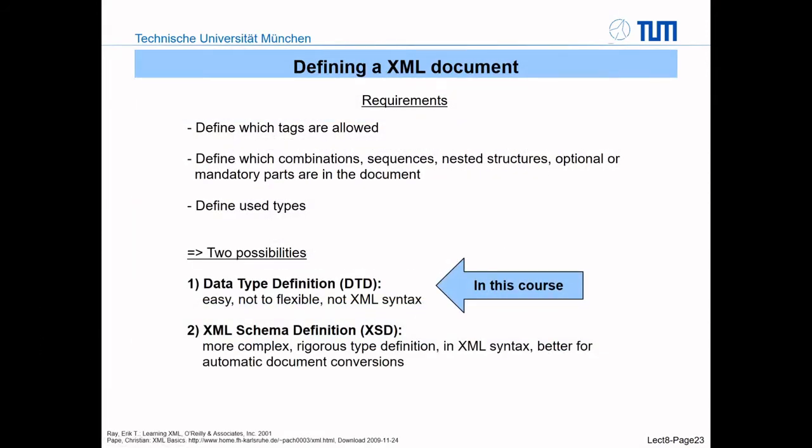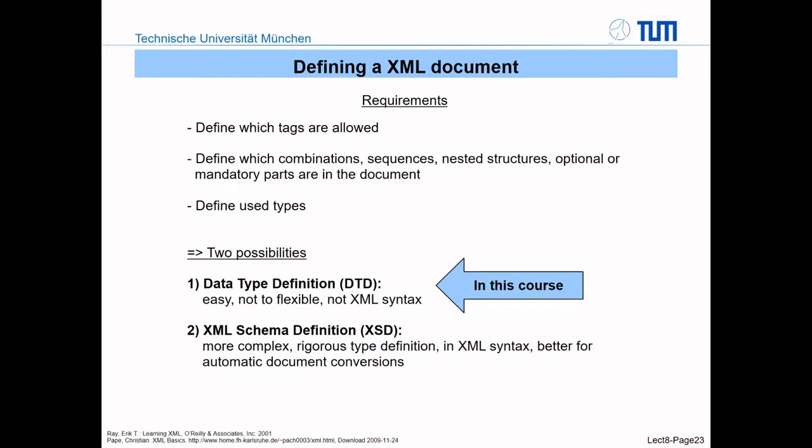If you think about what we used in our theory, then you should directly know what the requirements are for a definition of an XML document. If you go back to the language theory, we defined the alphabet, so allowed elements. We defined rules, so a sequence of what is allowed. And in our case here, we also have to define data types because we want to represent data.